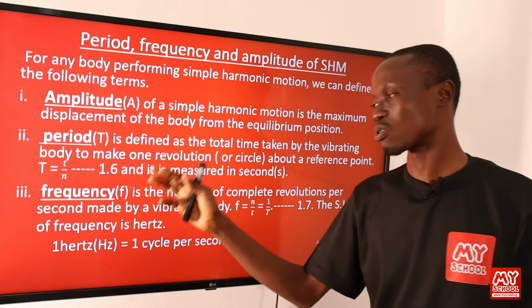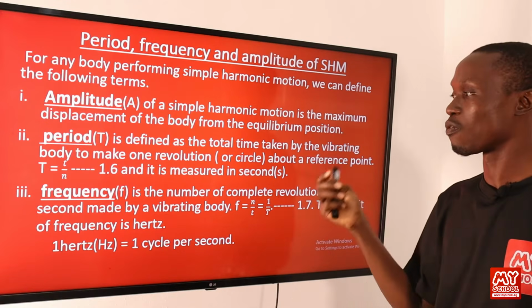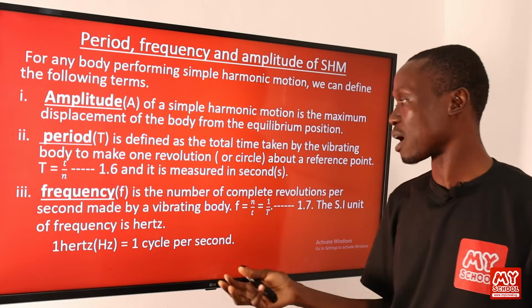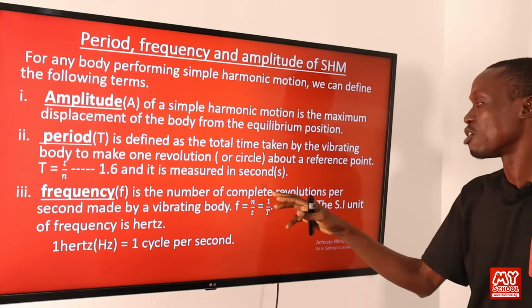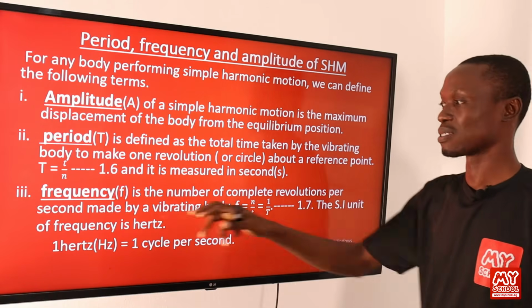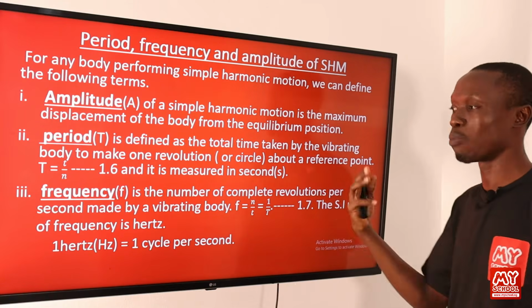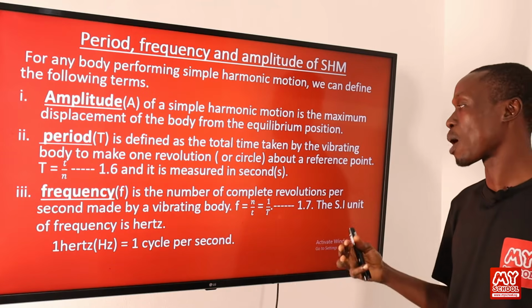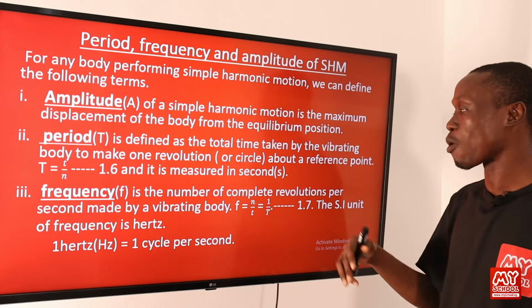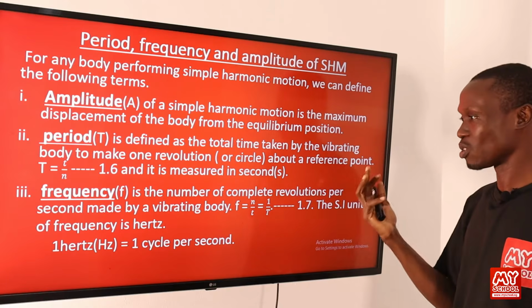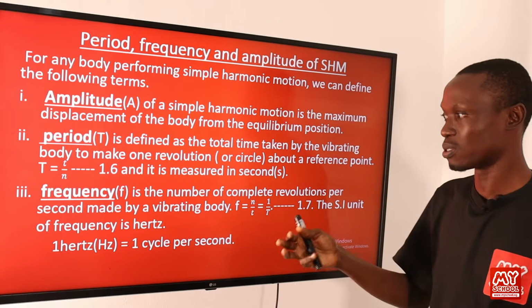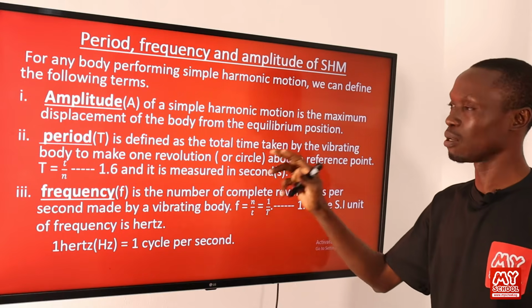While the third term, frequency of a simple harmonic motion, is defined as the number of complete revolutions per second made by a vibrating body, or you can say it is the number of circles per second made by a vibrating body.